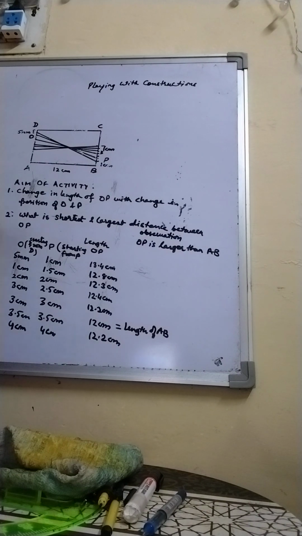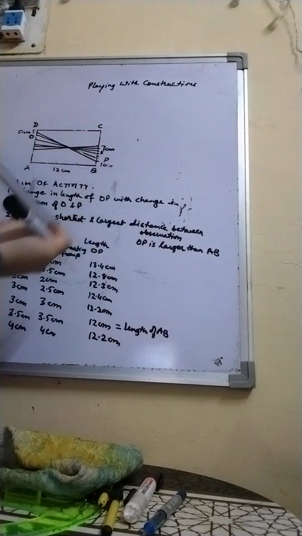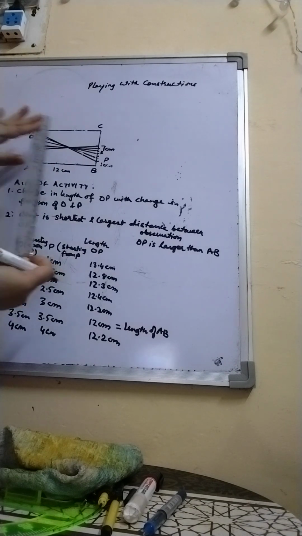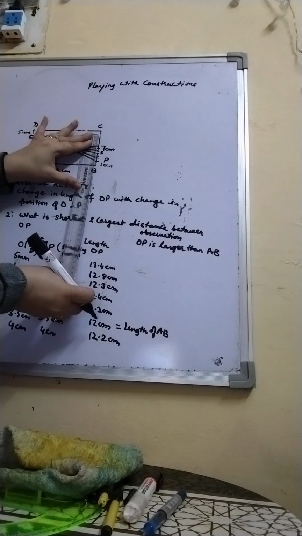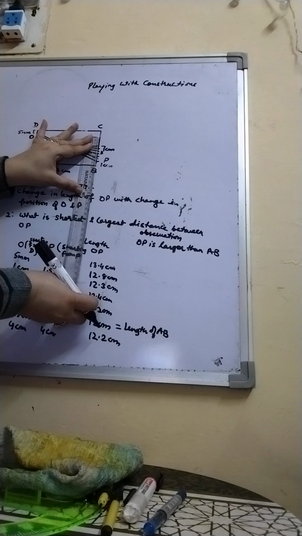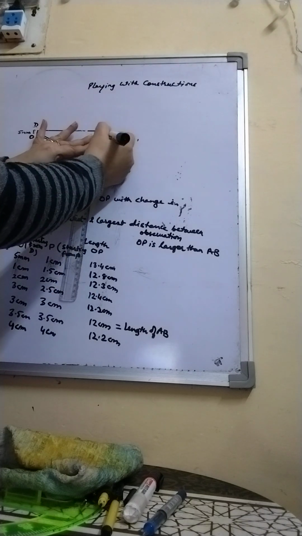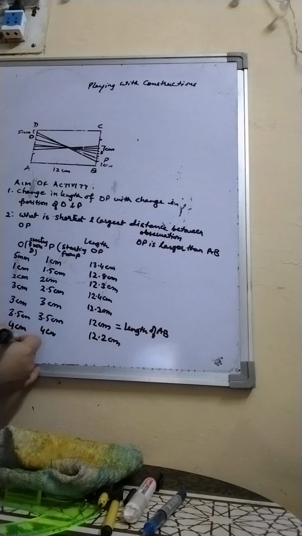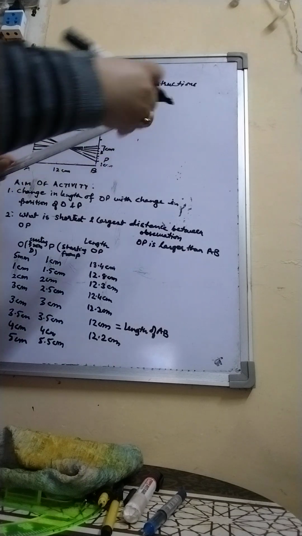Now let's move O to 5 centimeter and P to around 5.5 centimeter. So O is 5 centimeter and P is 5.5 centimeter.